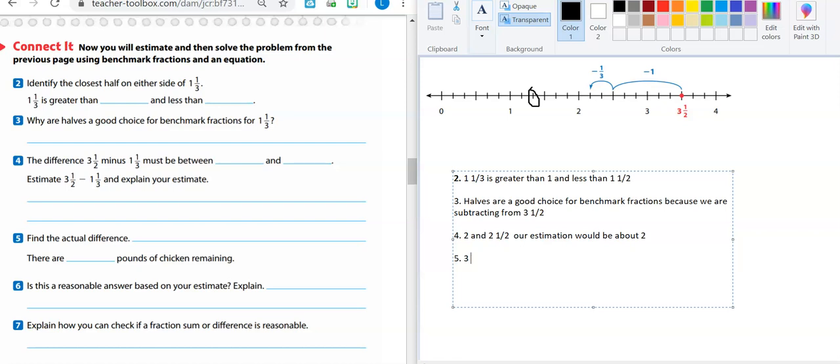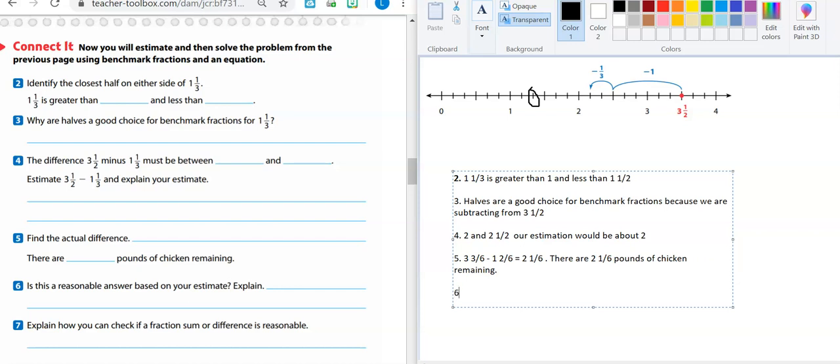We would show that 3 3/6 minus 1 2/6 equals 2 1/6. And to complete our sentence, we would say there are 2 1/6 pounds of chicken remaining.